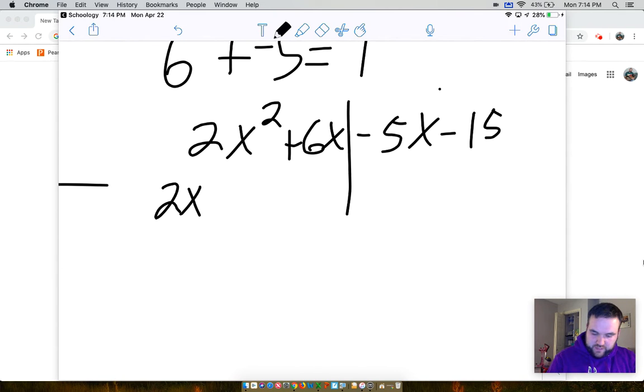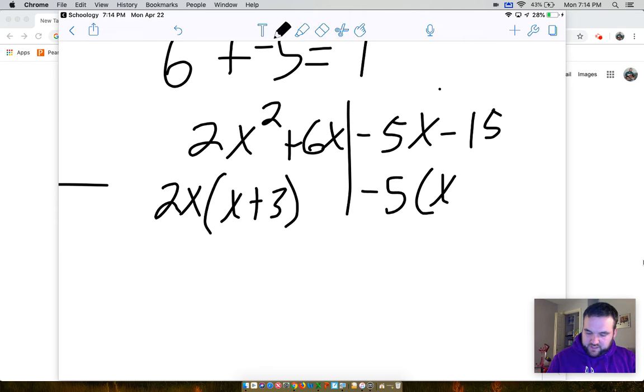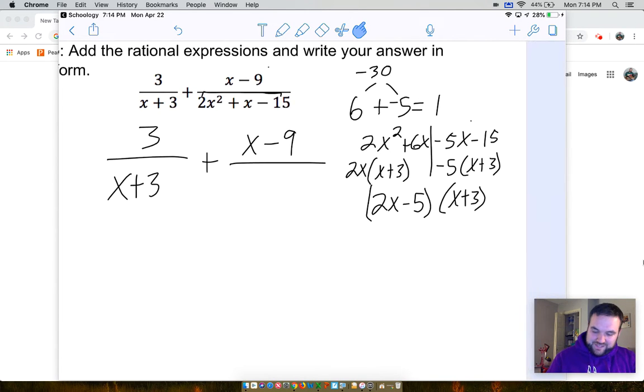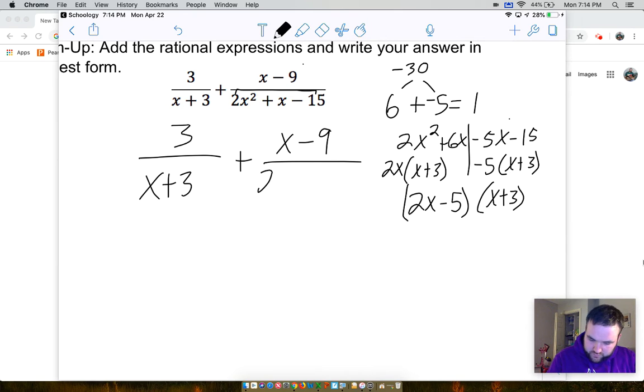I've got 2x times x plus 3 over here, and negative 5 times x plus 3 over here, which is awesome. So this thing factors into 2x minus 5 times x plus 3. That is my new denominator, 2x minus 5 times x plus 3.